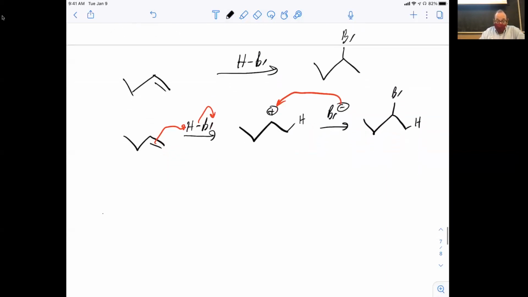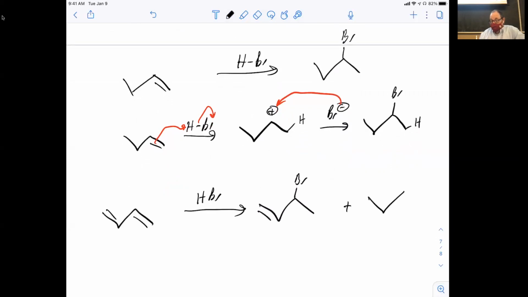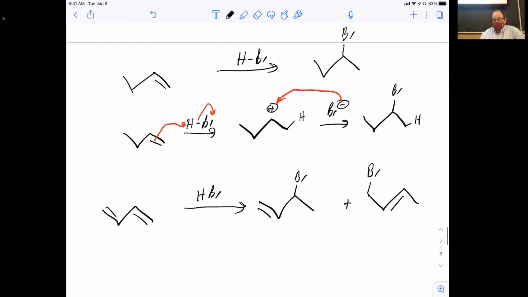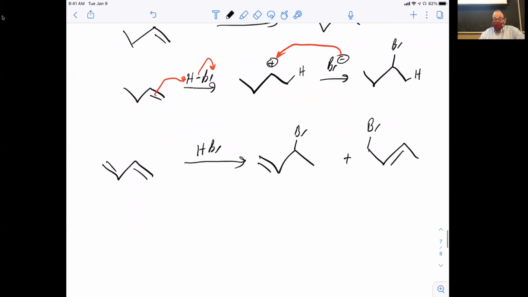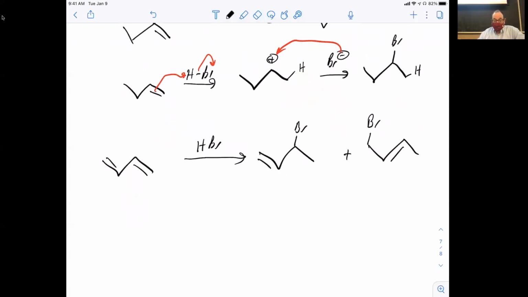When we do that with a diene system, a conjugated system, then what happens here is that I can end up with more than one possible product. The reason for this, right, is that we do the reaction the same way.